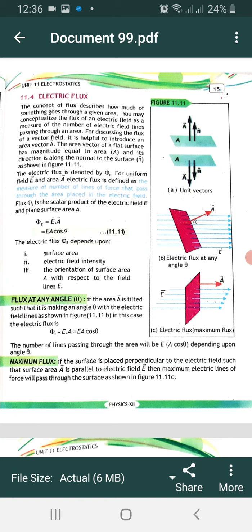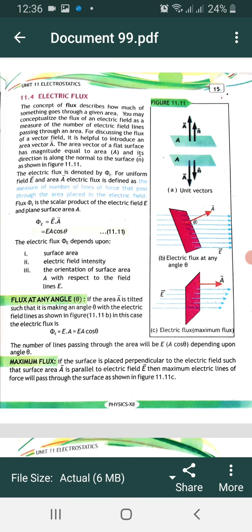So from this we conclude that for measurement of electric flux we need two things. We have to know the electric field intensity, and we have to know the vector area. These two things are important for quantitative measurement of the electric flux.